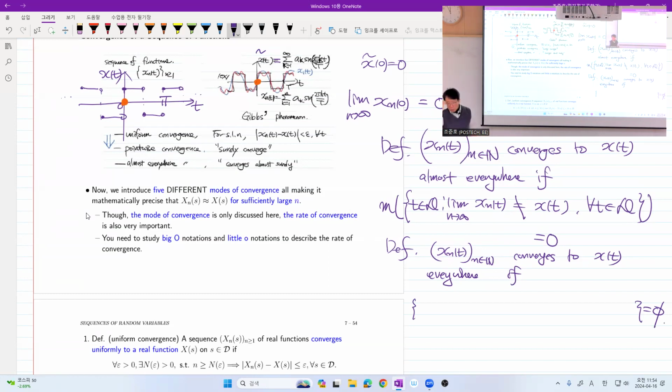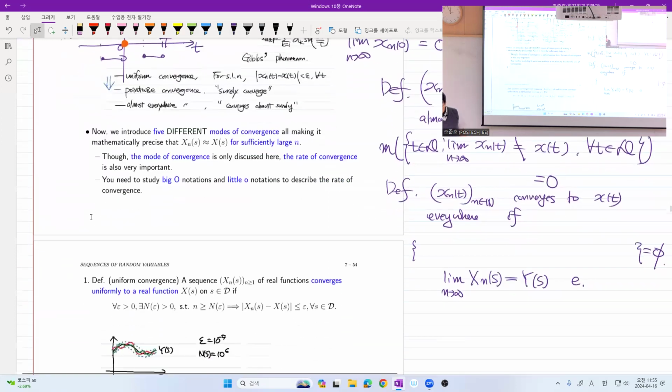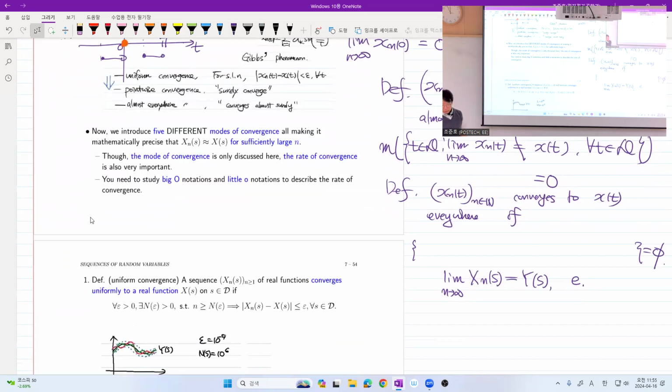And our notation is almost the same. It's like limit n tends to infinity, capital X sub n of s equals y of s everywhere. What does that mean? The sequence of functions x_n converges to y of s everywhere.